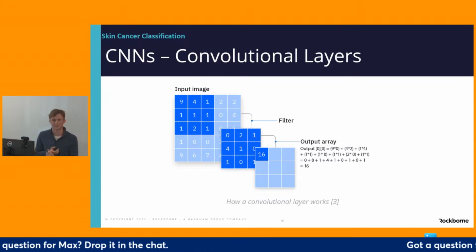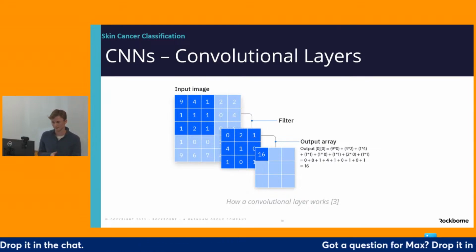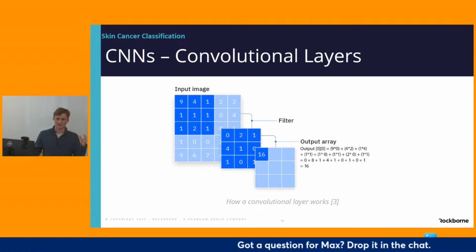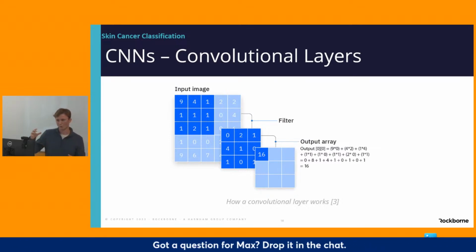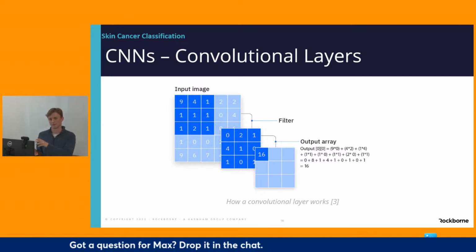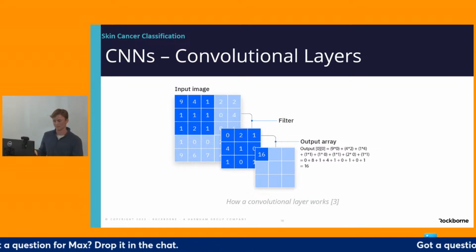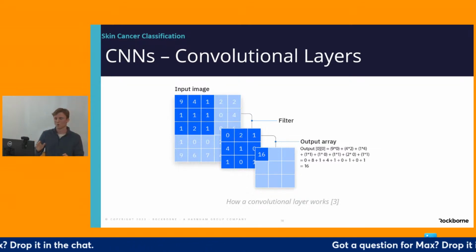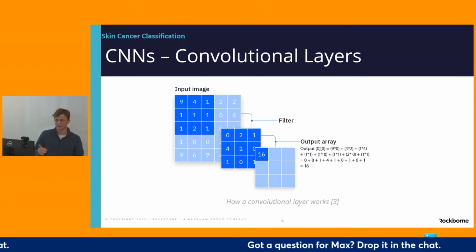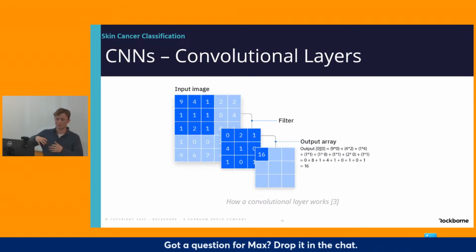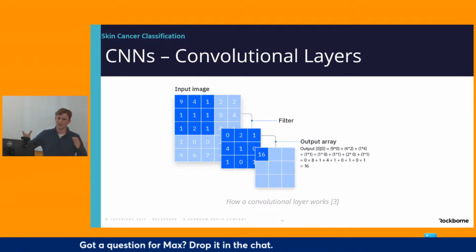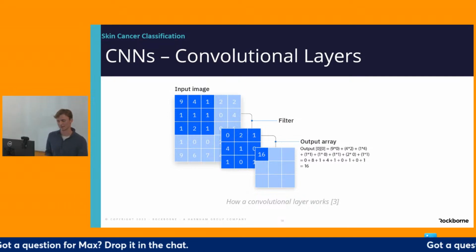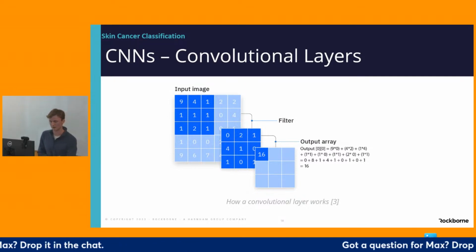So you may have some filters that are checking for edges, checking for circles, all of these things, and you will then receive an output array of how well that filter matched with the image at that location. So this is just giving you a map of where there are edges, where there are corners, things like this. And then you build up a whole load of these maps, and by putting them together, the computer can extract patterns from the underlying image.